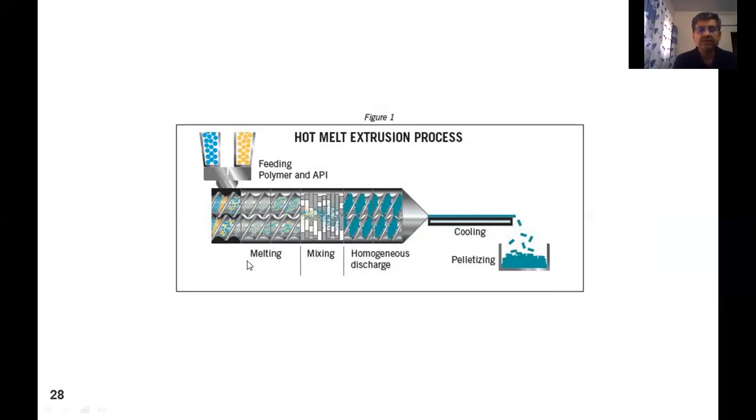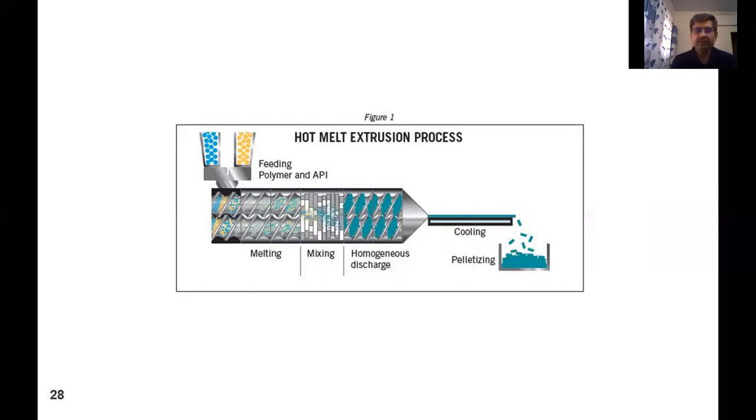The first zone is the melting zone, where the drug and the polymer will be taken beyond their glass transition temperature and melting point respectively, which means the glass transition temperature of the polymer has to be exceeded so that it will reach the supercooled liquid state, and in that state the API will dissolve or get miscibilized at a reduced temperature, well below the API melting point.